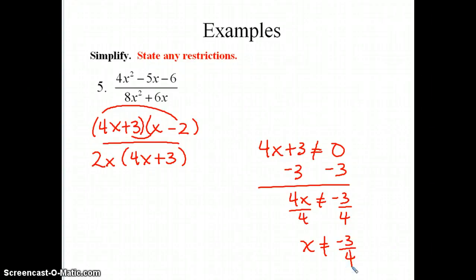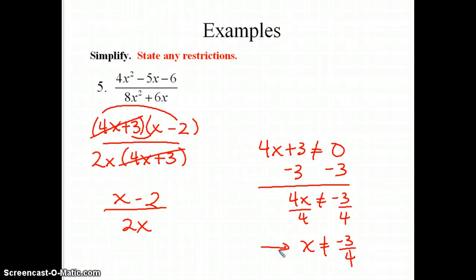Now that I've completed that, I can cancel. And I'm left with x minus 2 divided by 2x. At this time, I had a completed answer. So I have x minus 2 divided by 2x with a restriction of x cannot equal negative 3/4.